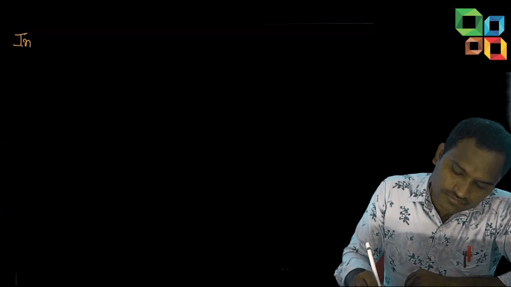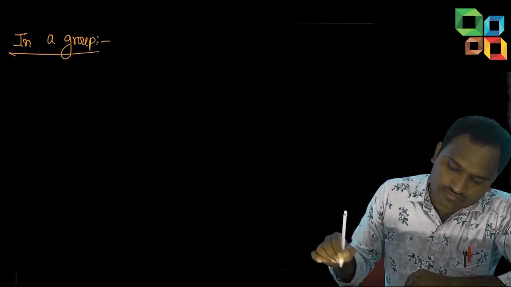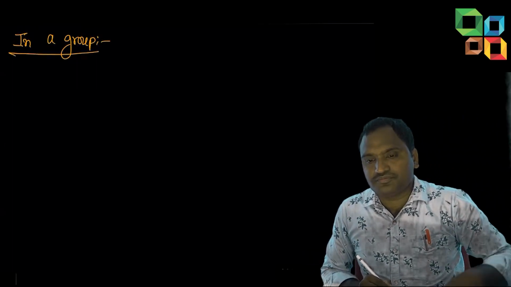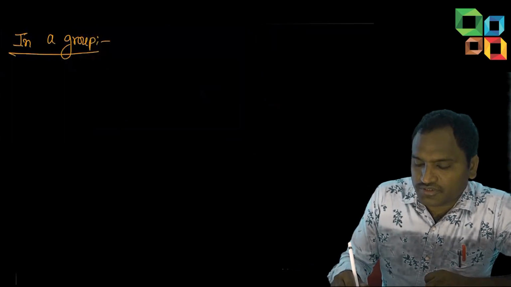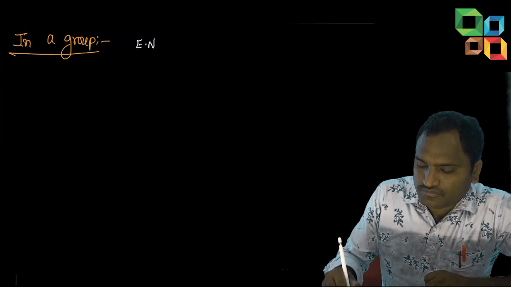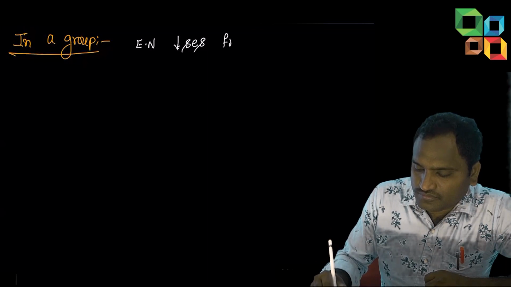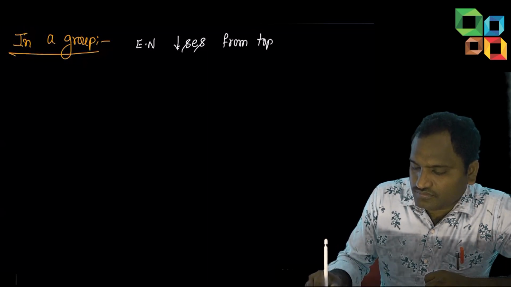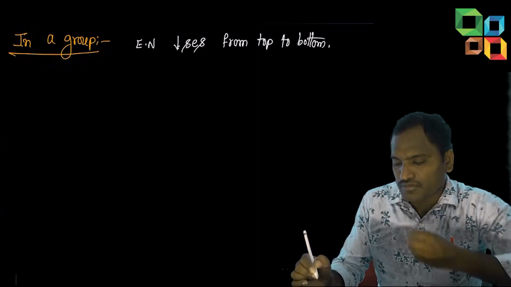Next one, in a group. What happens, students? Electronegativity decreases, opposite to the period, from top to bottom.